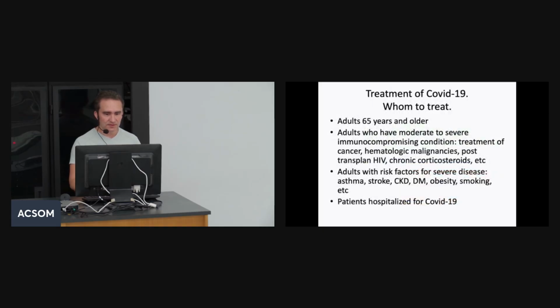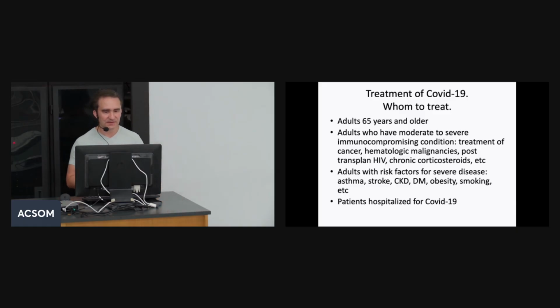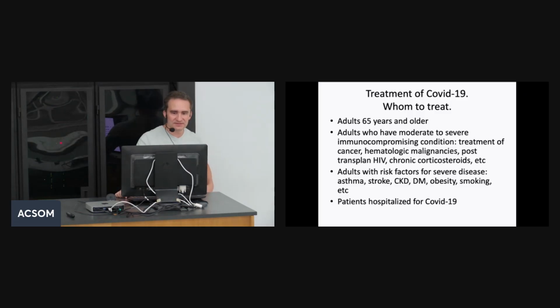So, whom to treat? You don't have to treat everybody. If somebody's younger without comorbidities, no obesity, diabetes, you don't have to jump on the treatment. But somebody who is at high risk of complications, you would treat, which are adults 65 years and older who have moderate to severe immunocompromised conditions like cancer, hematologic malignancies, HIV, transplant, chronic steroid use.